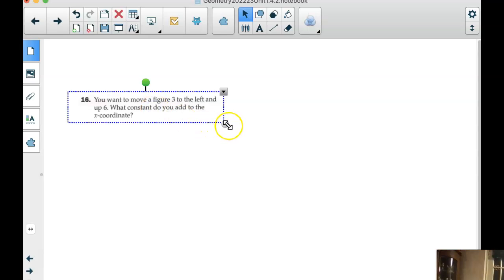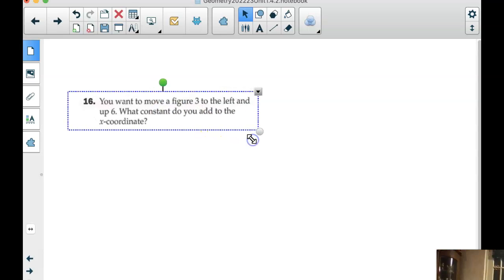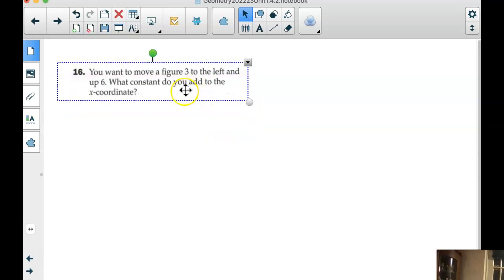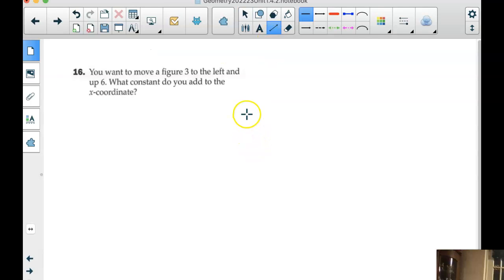Now, you want to move a figure 3 to the left and up 6. What do you add to the x coordinate? Okay, remember x coordinate. And in the words of Ms. Breland, y up and down, y up and down.